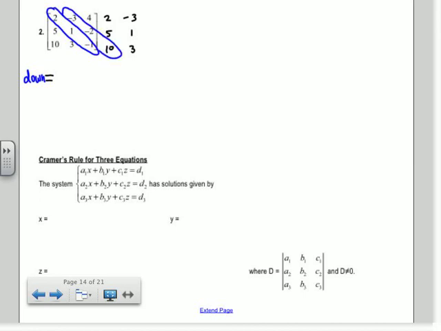Can you guys do some of this multiplication in your head without writing out every single thing? So 2 times 1 times negative 1. So I get negative 2. Negative 3 times negative 2 is 6 times 10, 60. 4 times 5 times 3, another 60. So your downwards diagonals have a sum of 120 minus 2, so 118.